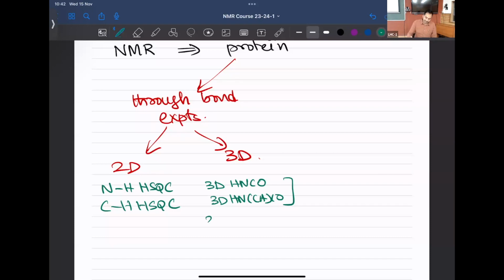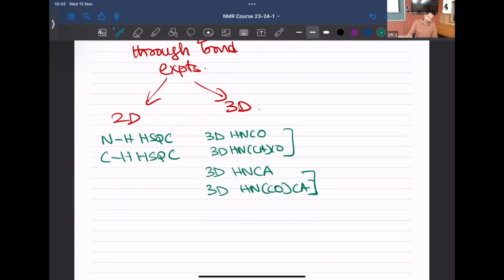Then we said, yes, that's correct. Therefore we go for HNCA, which connects the amide proton and amide nitrogen to the I and I-1 C alpha. We also said we can measure HNCOCA, which, both put together, will give sequential assignments.